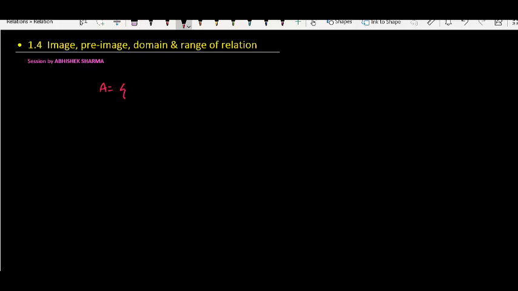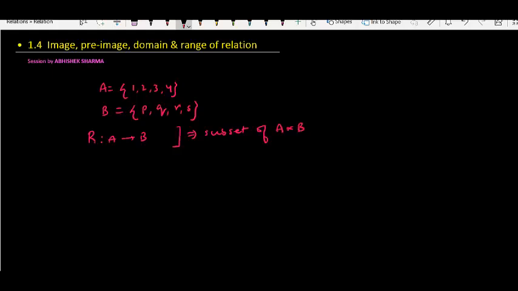Let's say there is a set A, {1, 2, 3, 4}, and suppose there is a set B, {P, Q, R, S}, and I define a relation R from the set A to B. That means my relation will be a subset of the Cartesian product A cross B. So the relation that I am going to define is one of the possible subsets of A cross B.